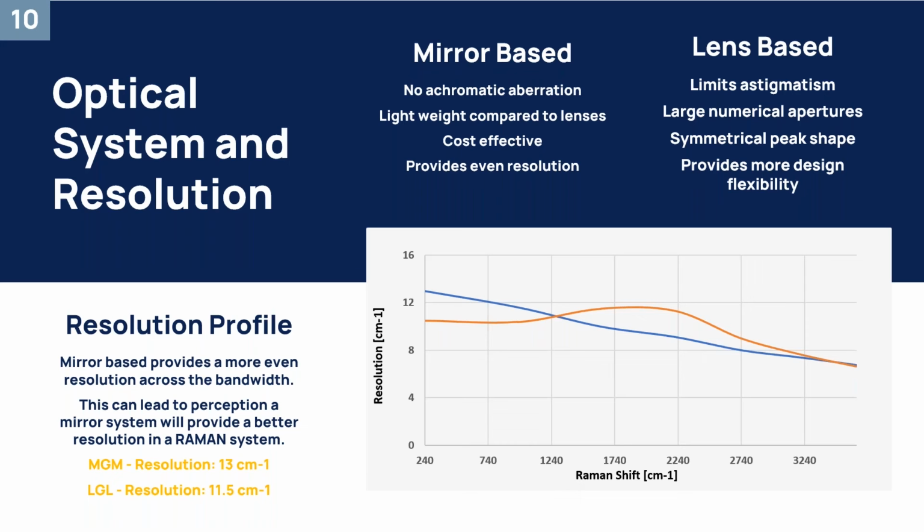Do you need 10 inverse centimeters in the high wave numbers, or do you need them in the fingerprint region or somewhere in between? Because if you have something that has a nice flat optical resolution in nanometers throughout the spectrum, you will see that the inverse centimeter, the Raman shift resolution, is of course worse at shorter shifts or lower shifts, and will become better as you move throughout the entire wavelength range. So something to pay attention to for certain.